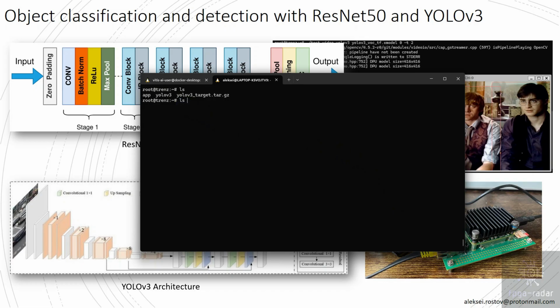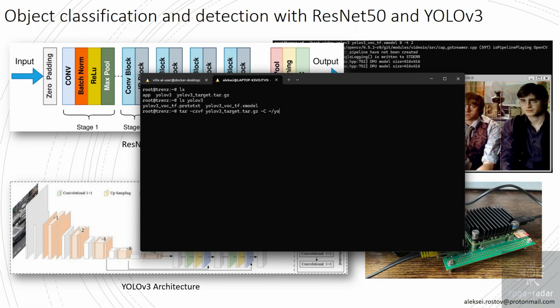I just want to remind that here in YOLOv3 I have only two files, the proto.txt and the model, and I will unzip this archive also in the YOLOv3 directory. So I need this on the target, in a directory.